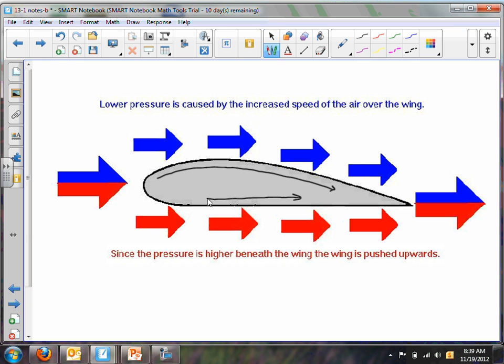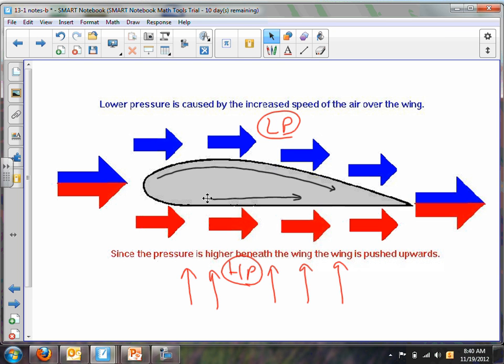And we know that if you increase the speed, it decreases the pressure. That's what Bernoulli's principle says. So I've got the wind traveling faster on the top, which means I have low pressure regions on the top of the wing and higher pressure regions below the wing. That high pressure acts like a little force pushing this wing up. And as that airplane goes down the runway, the faster it goes, the greater the difference in pressures, and eventually you can get some lift and cause the airplane to fly.